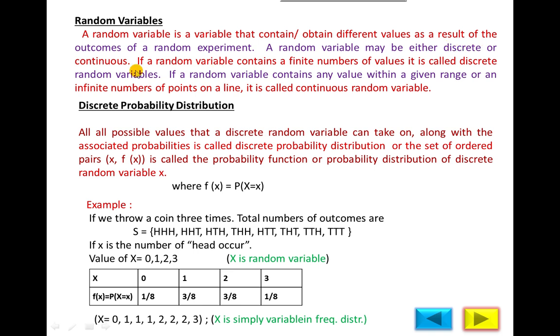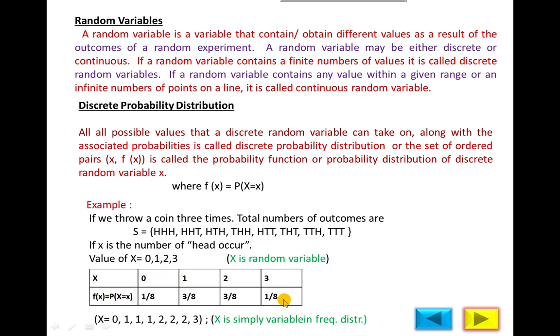This is the result of the outcomes. The number of heads may be 0, maybe 1, maybe 2, maybe 3. Either the number of heads occurs one time, or 3 times, or one time. We write only the values, the results. So this variable x is called a random variable if we represent the values of x, 0, 1, 2, 3, with the corresponding probabilities.